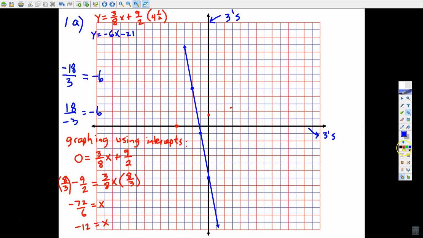Now I grab my ruler and connect the red dots, and I'm looking pretty good at this point, except what is the ordered pair of this point of intersection?